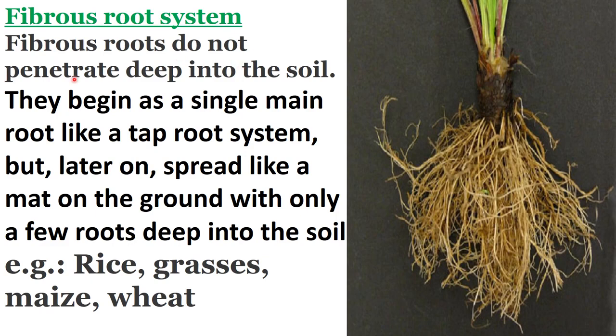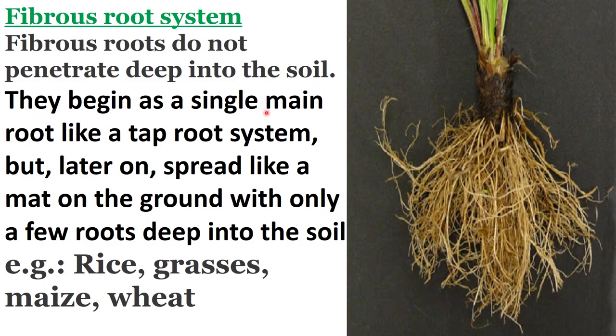Fibrous roots do not penetrate deep into the soil. This is the most characteristic, most common feature of the fibrous roots, that these are on the upper part of the soil. These do not penetrate deep into the soil.